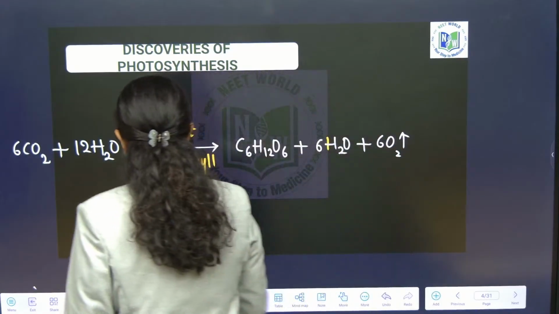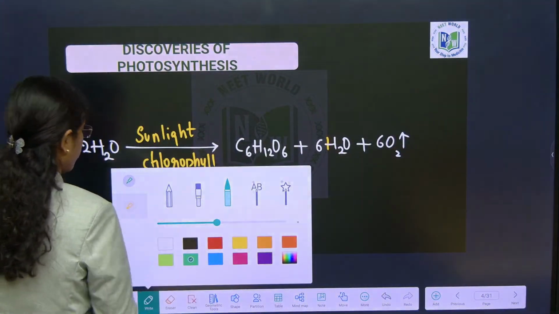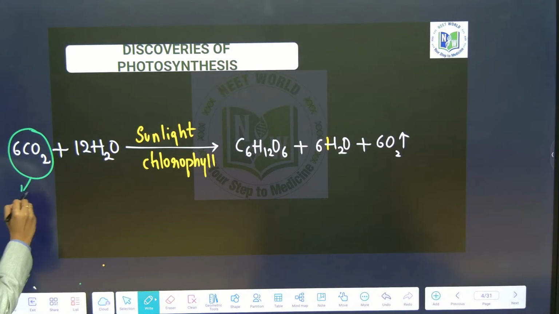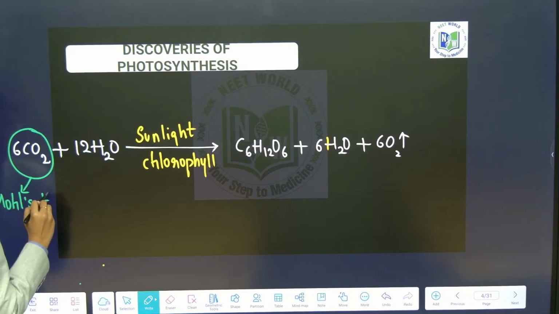Fine. Now, carbon dioxide is essential, is said by Moll's half-leaf experiment.